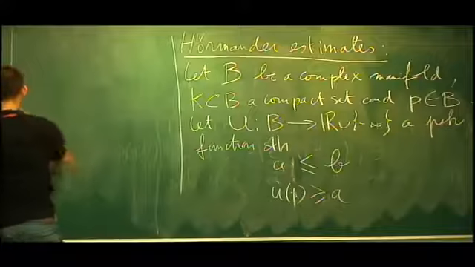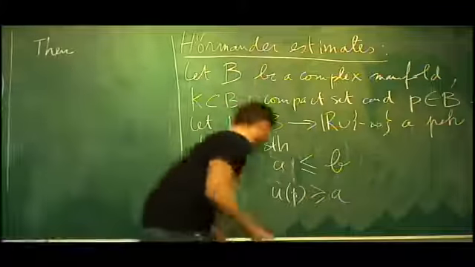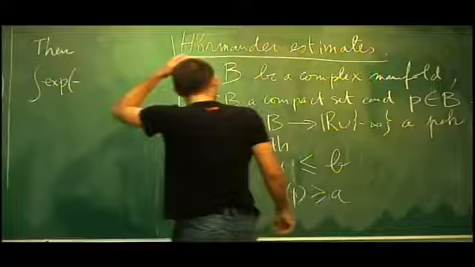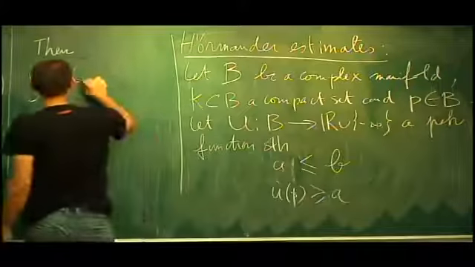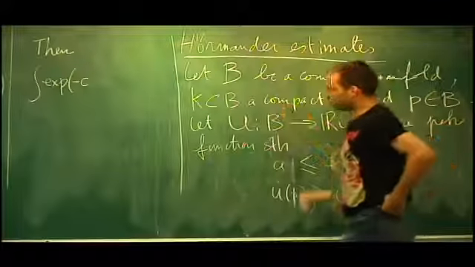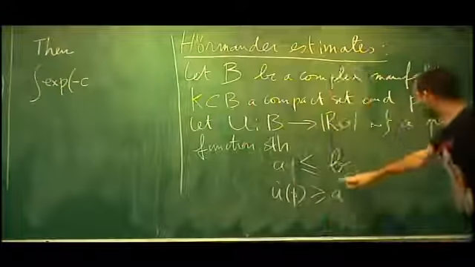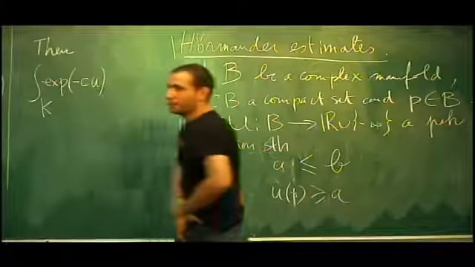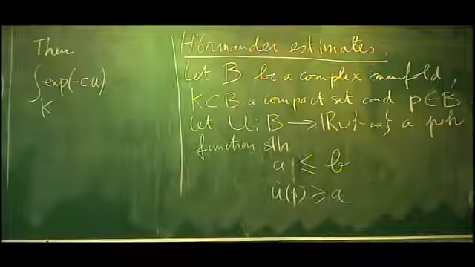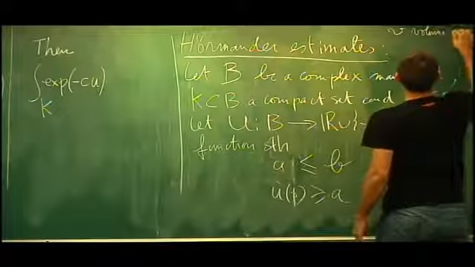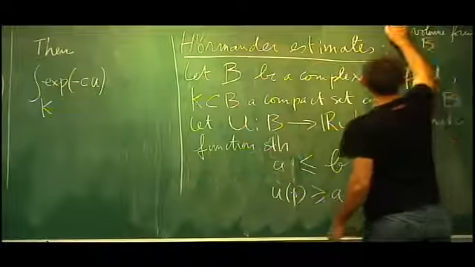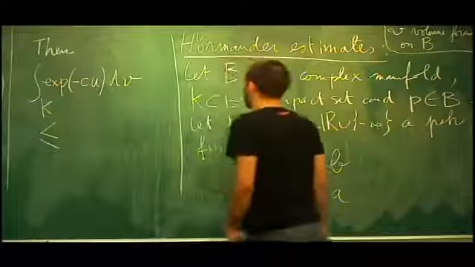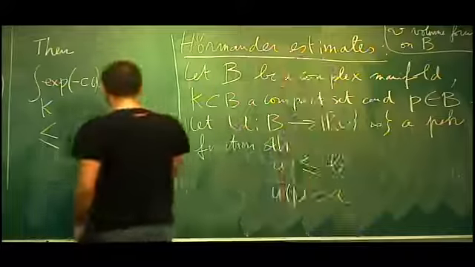The integral of the exponential of minus U... I forgot to say that there exists a certain constant, which depends on B, K, and the point P, and on the constants B and A, such that the integral on K with respect to some volume form dV on B, which is fixed, is bounded by another constant D.